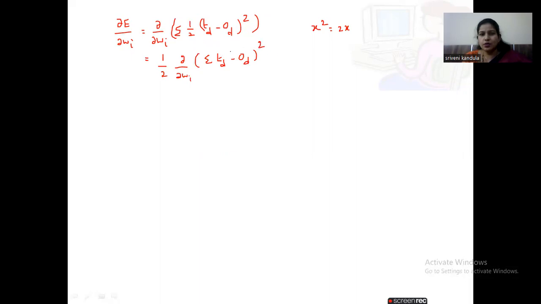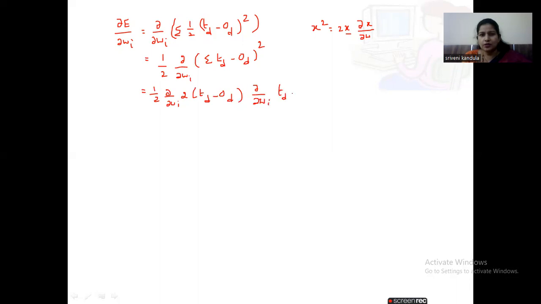Let us treat the whole term as x square, so I should write it as 2x, and again perform a partial derivative on this x. So it is half ∂/∂Wi, the 2 comes to the front, so it is 2 into (Td minus Od), and then again we perform a partial derivative on (Td minus Od).